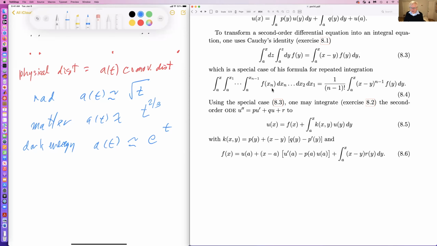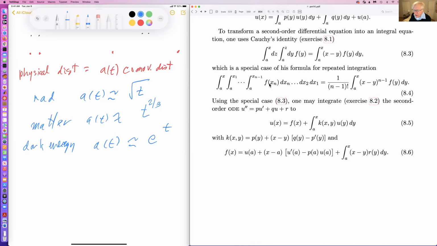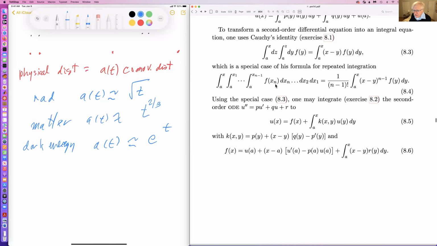By the way, in this expression here, you see f is a function of a single variable. So here what we're doing is we're first integrating f of xn up to xn minus 1. Then we have some function of xn minus 1, which we integrate dxn minus 1.